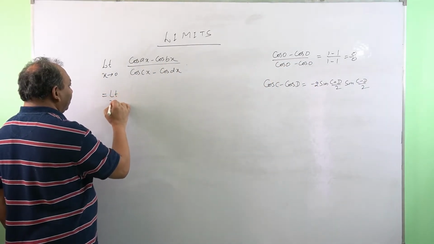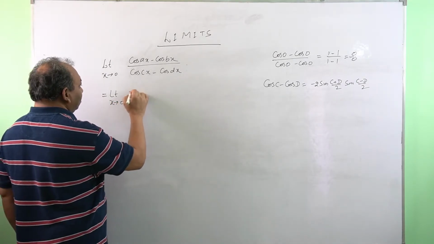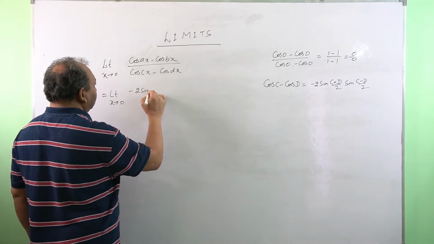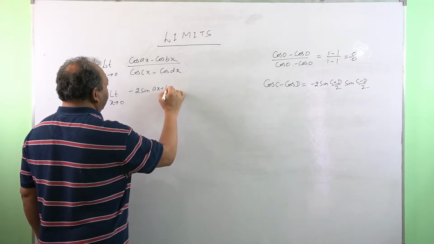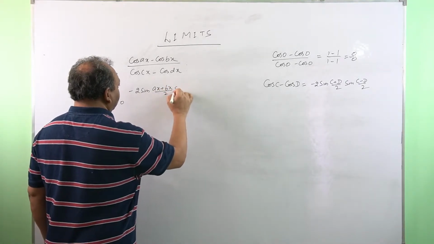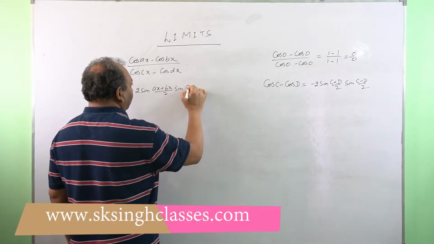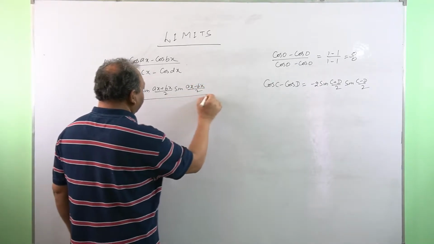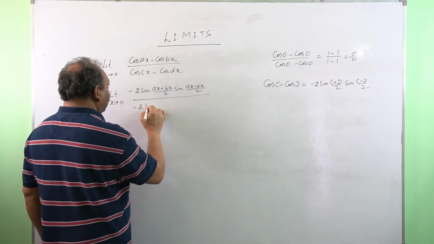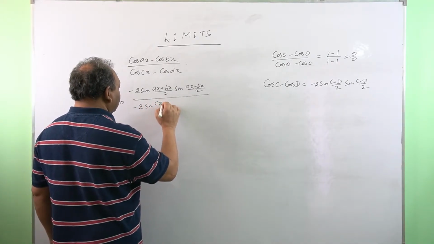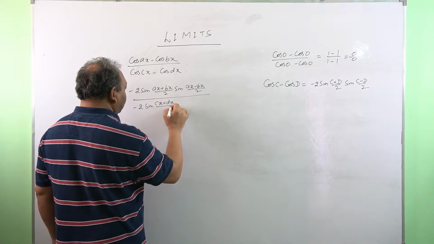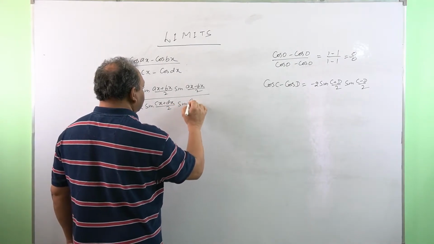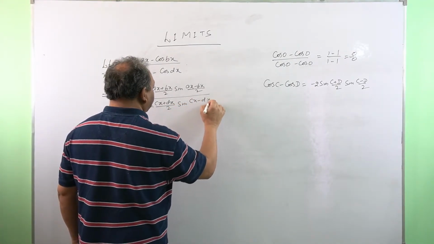Limit x tends to 0 of minus 2 sine (ax plus bx) by 2 into sine (ax minus bx) by 2 divided by minus 2 sine (cx plus dx) by 2 into sine (cx minus dx) by 2.